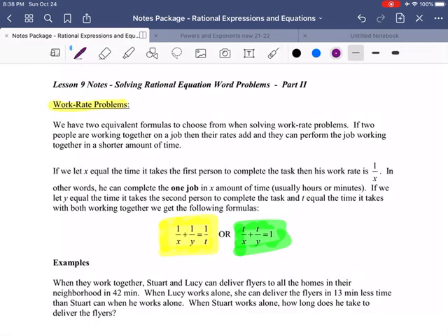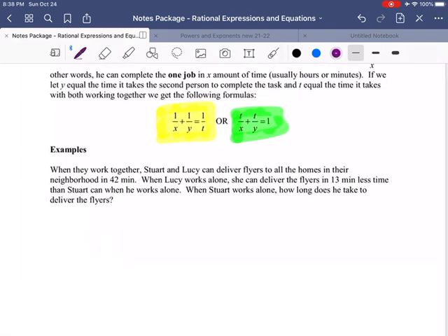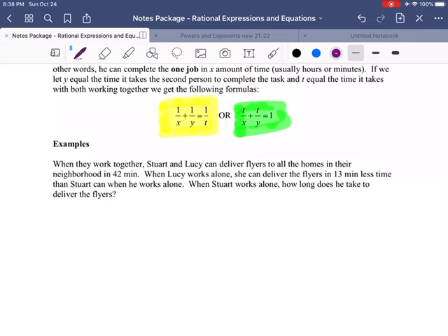So let's get into a couple examples here. When they work together, Stuart and Lucy can deliver flyers to all the homes in their neighborhood in 42 minutes. So basically, Lucy plus Stuart working together is 42 minutes. This is just the idea of it.